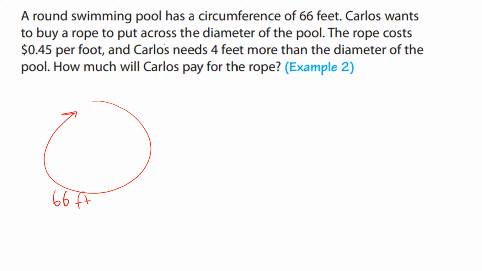So the circumference is diameter times pi. That means circumference divided by pi is equal to the diameter. The circumference is 66 feet, I get that from the problem. 66 divided by 3.14, which is pi, is about 21.